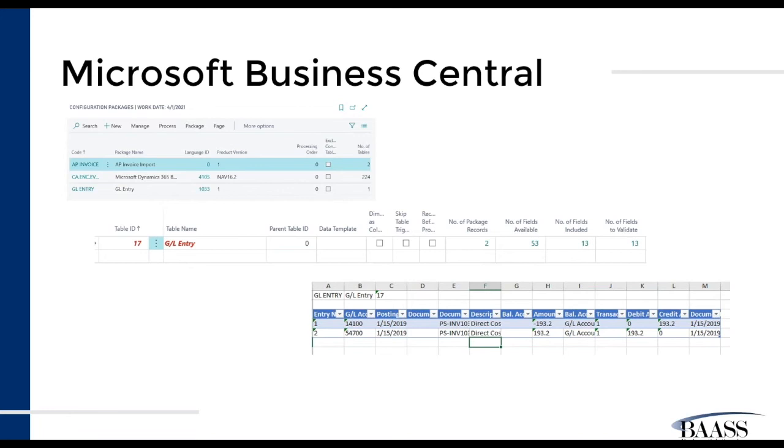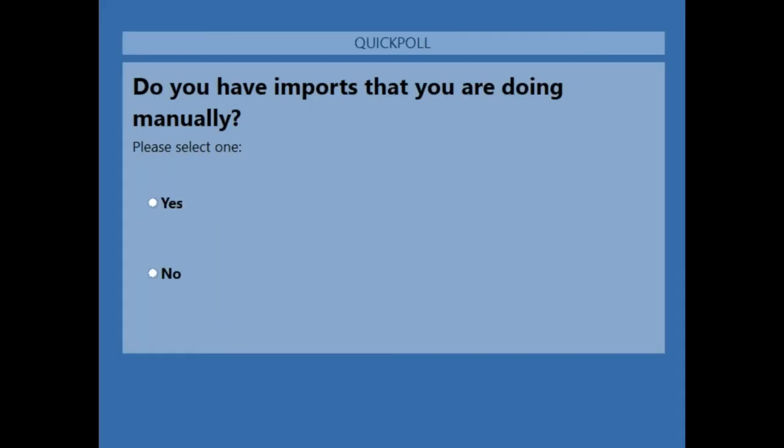So we're going to go ahead and ask another poll question here. Remington, if you want to pull up another poll question for the group. We want to know from you if you are doing any imports manually. By that we mean, from the ones that we've given examples from, or thinking about your own business, are there areas where you can remove double entry?